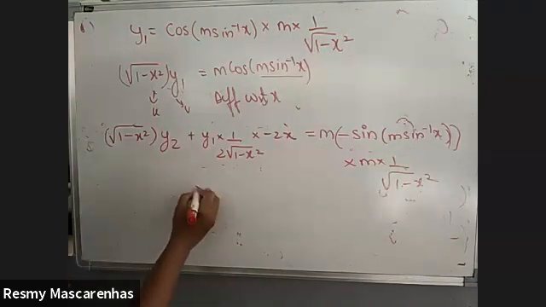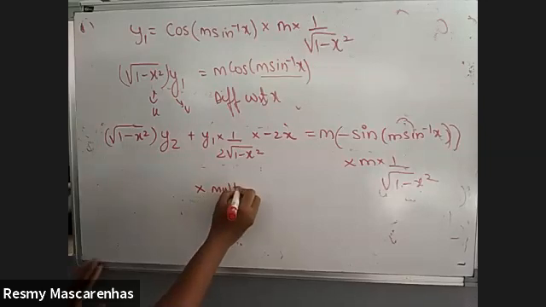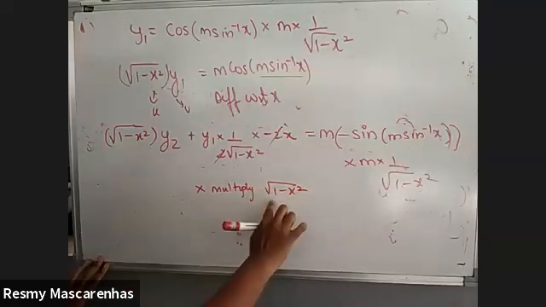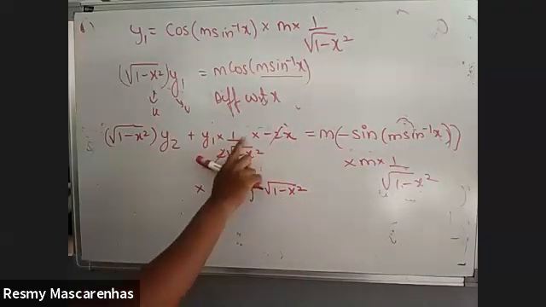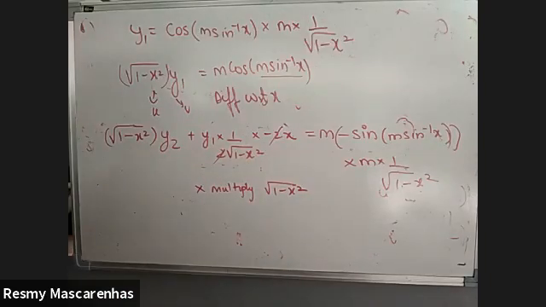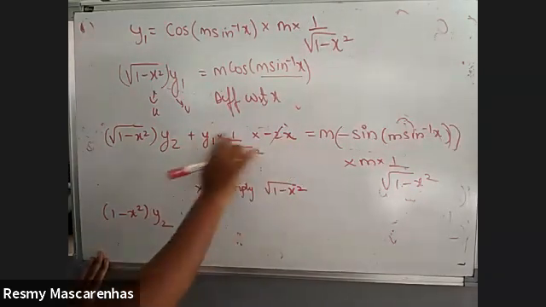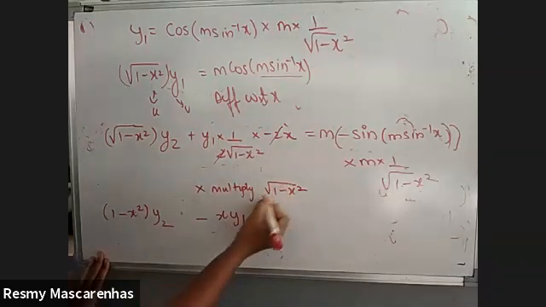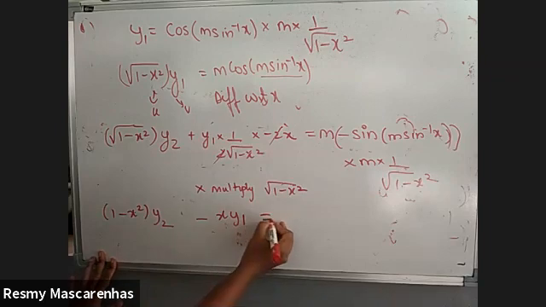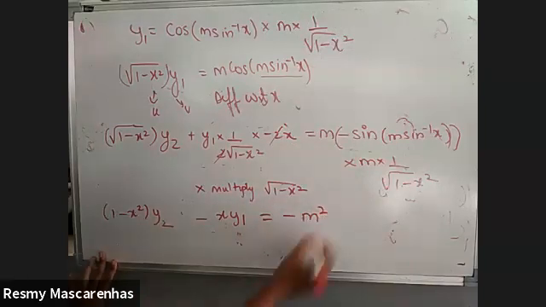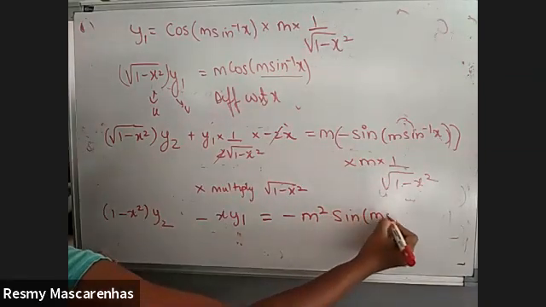And then multiply throughout by 2 so that I get rid of the denominator. Multiply all the terms by root of 1 minus x square. So here the denominator will go and this will become single. So it will be 1 minus x square into y2 minus x into y1, this and this term will cancel, equal to minus m into m, which will become m square, sine of m sine inverse of x.